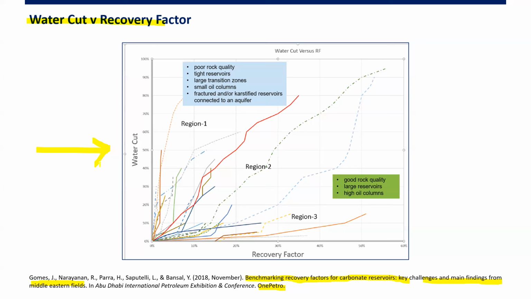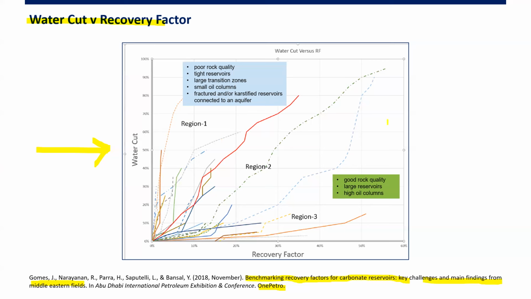You can compare the performance of the clusters or the patterns within the same reservoir. So you can rank them, you can understand more about the performance and again, their relation to the reservoir quality and development strategy.